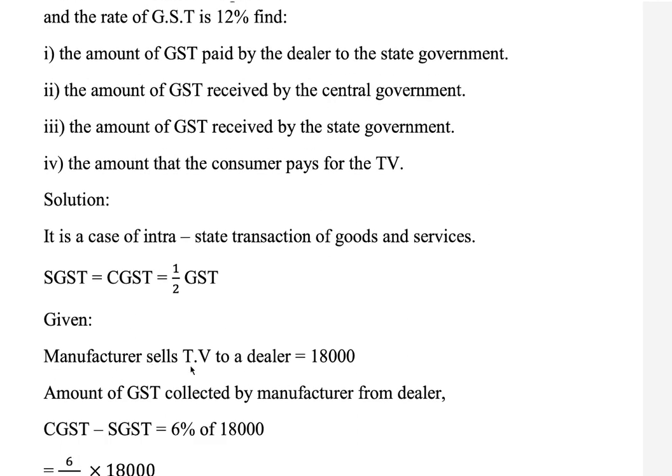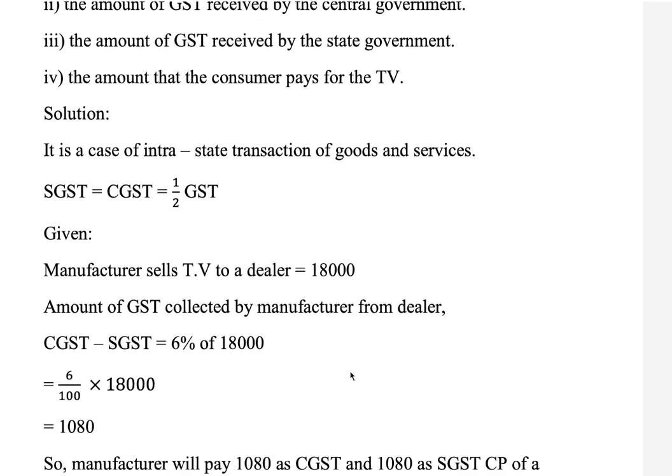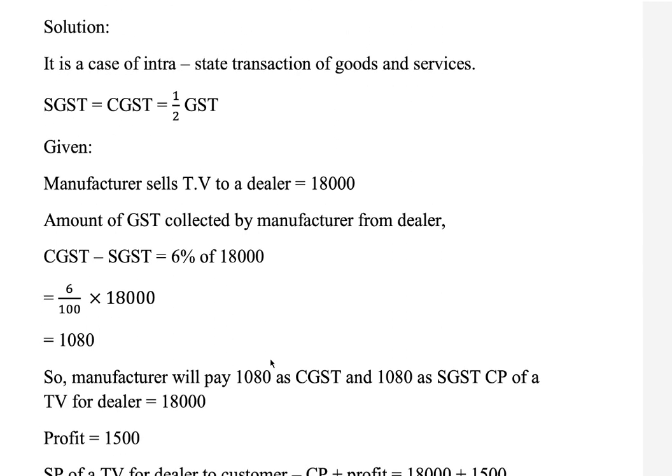The manufacturer sells the TV to the dealer for 18,000. So the amount of GST collected by the manufacturer from the dealer, that is CGST equals SGST, is 6% of 18,000, that is 1080.